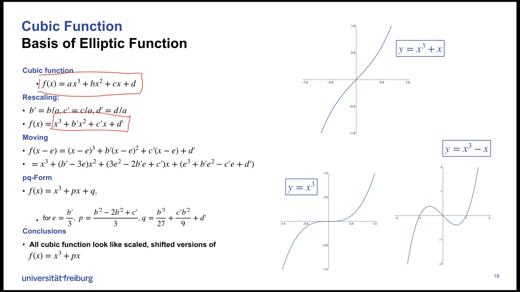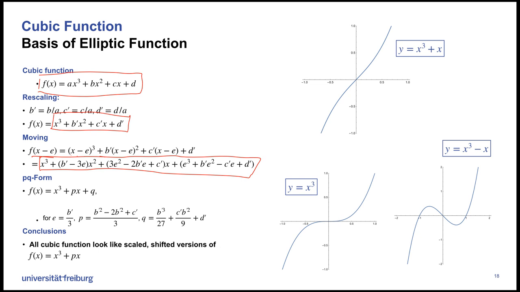Okay. Now let's sort that out. What can we do now? We can move this left and right. If we move this by e steps to the right, then we have the function f of x minus e. And if you plug this into this formula, we get something like that. I hope I didn't make too many mistakes here. Okay, so you get a formula like that.